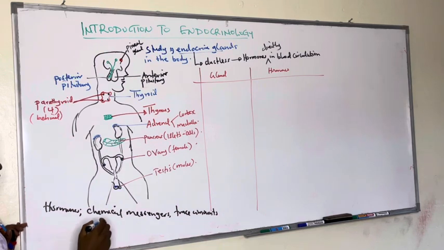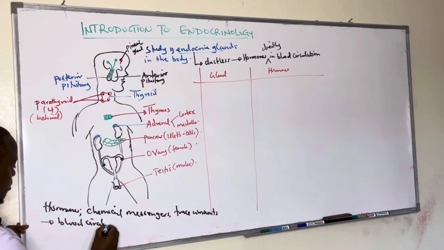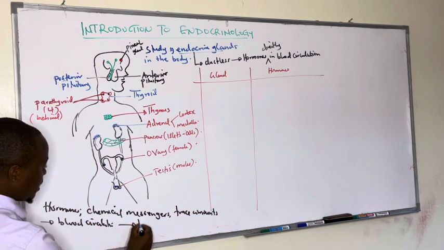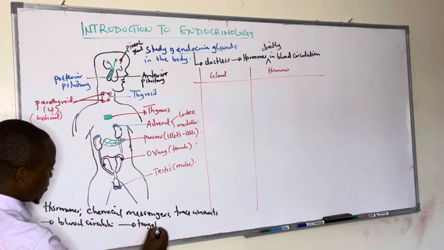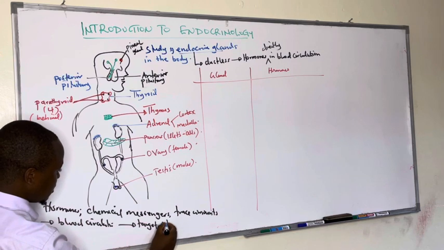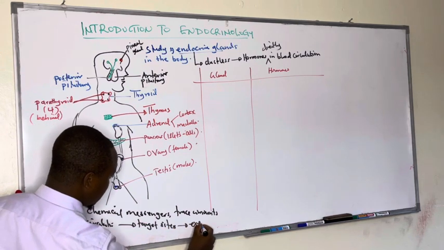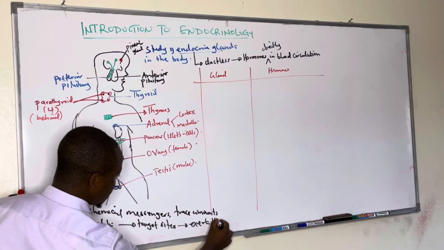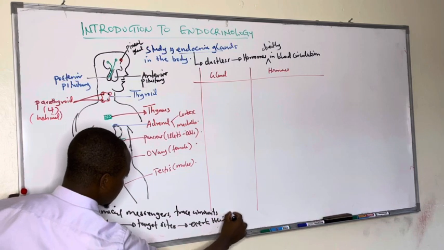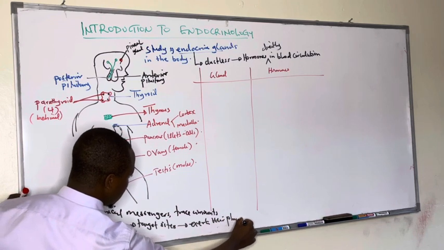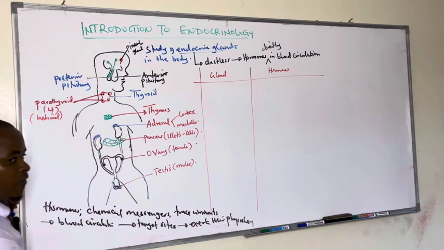After being produced, they are carried via blood circulation to their target sites or organs, where they exert their physiological, or you can call it biochemical, function.